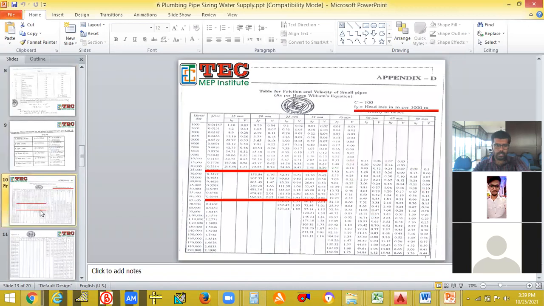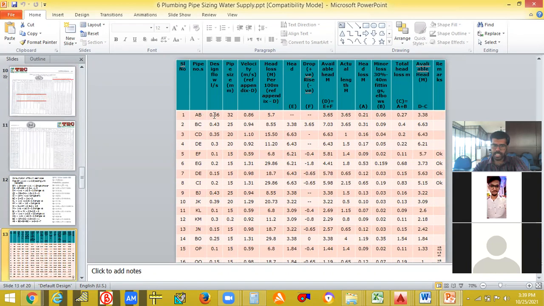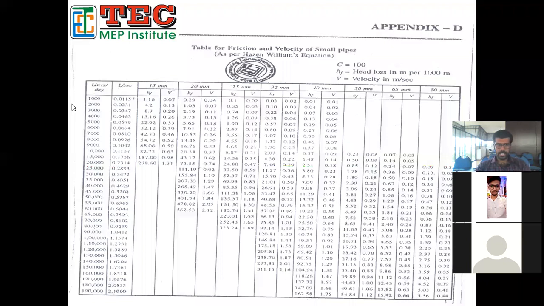So 0.66 is the design flow and 32 is the pipe size, and we are going to see what the actual velocity is. You can see here, this is the table for finding out the friction as well as velocity. This is called Hazen-Williamson's table or Hazen-Williamson equation, because with respect to the Hazen-Williamson equation only, we got this chart.